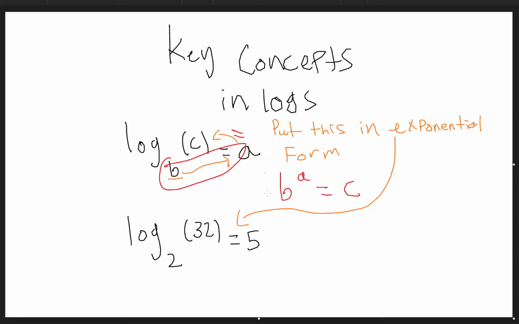Just rearrange the pieces. You should have gotten 2 to the power of 5 equals 32. No, I'm not making this up. Log base 2 of 32 actually equals 5, because when we exponentiate it, 2 to the power of 5 equals 32. Literally, 2 times 2 times 2 times 2 times 2 equals 32. Do the math. That's correct.